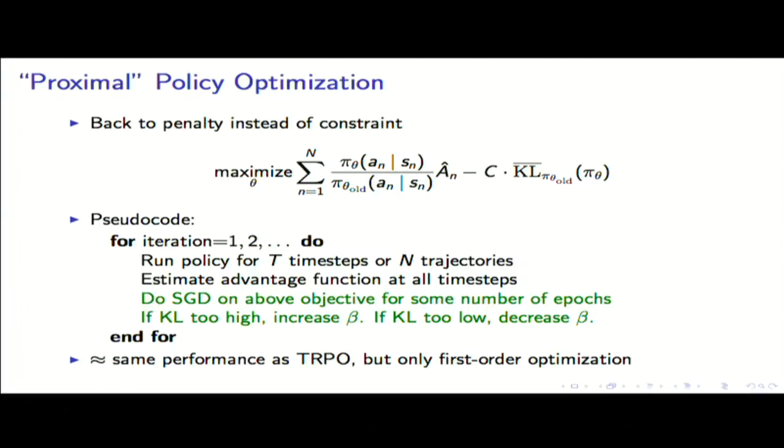This much simpler algorithm has about the same performance as trust region policy optimization, but it only requires first order optimization instead of conjugate gradient with second derivatives. So it's a good one to implement if you just need a good practical algorithm.